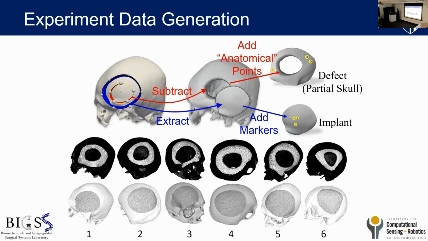But to have anatomical features to register this model to CT, we added fiducial points as anatomic points. And for implant localization, there are 3 predefined fiducial markers. However, implant manufacturers normally do not provide implants with customized markers.